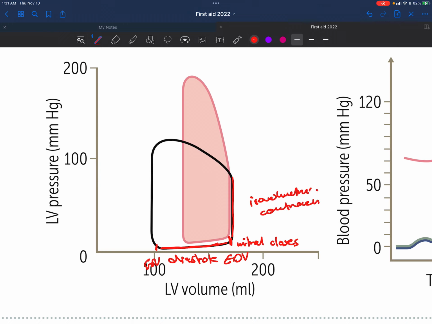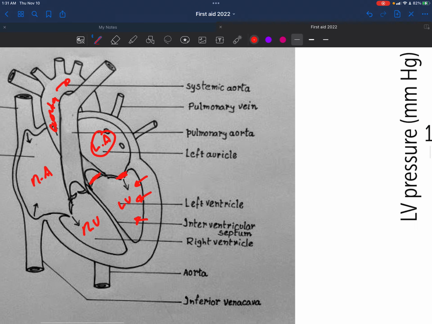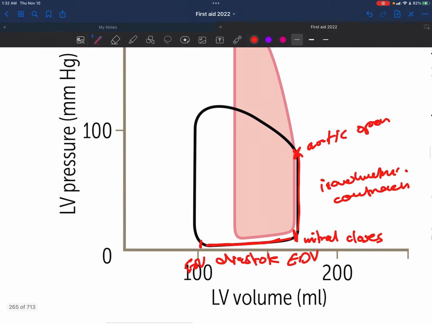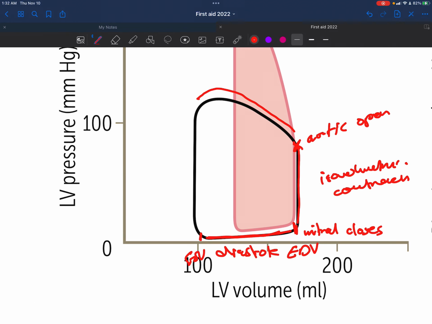And then over here, under normal conditions, the aortic valve opens in order to allow the blood from the left ventricle to move out into the aorta, and that's when the systole or the ejection phase starts. That's also under normal conditions.